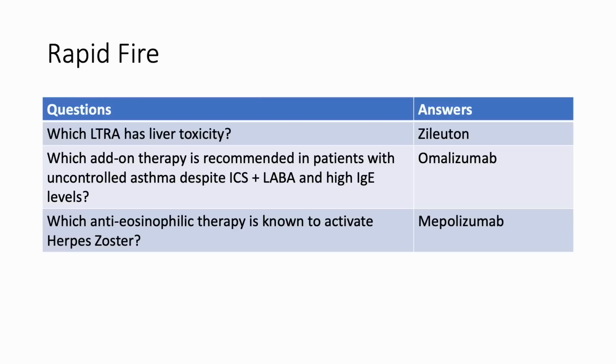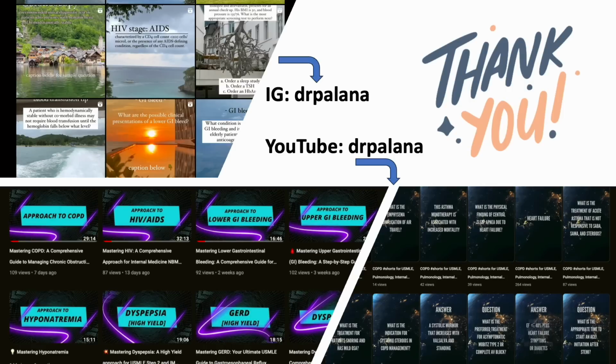Which leukotriene receptor antagonist has liver toxicity? Zileuton. Which add-on therapy is recommended in patients with uncontrolled asthma despite inhaled steroids plus LABA with a high IgE level? Omalizumab. Which anti-eosinophilic therapy is known to activate herpes zoster? Mepolizumab.